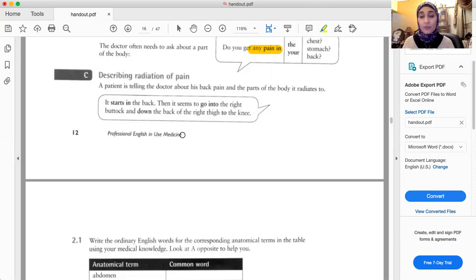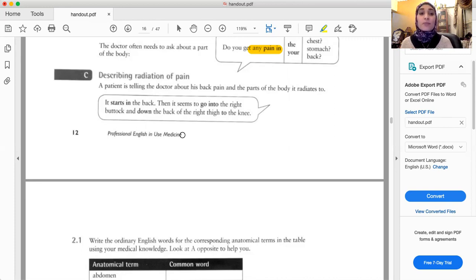So you have pain in a body part, and this pain spreads. What is the meaning of spread? It goes into or travels into another body area. So this is called radiation of pain or spread of pain from one body part to another body part.